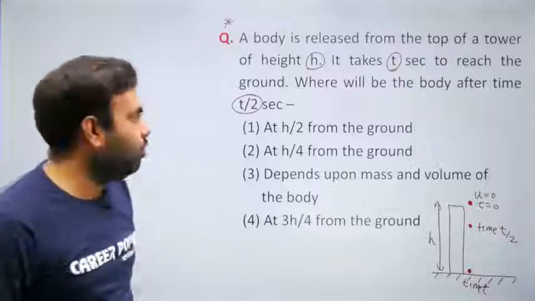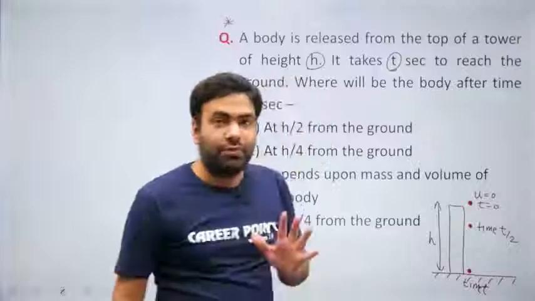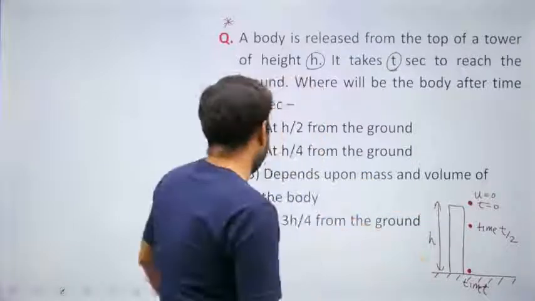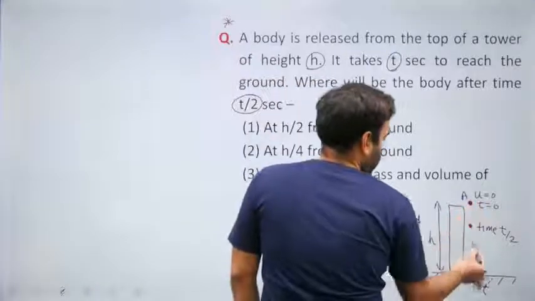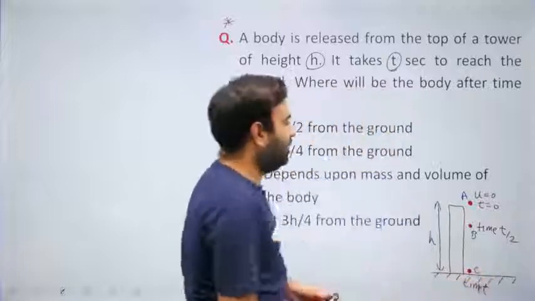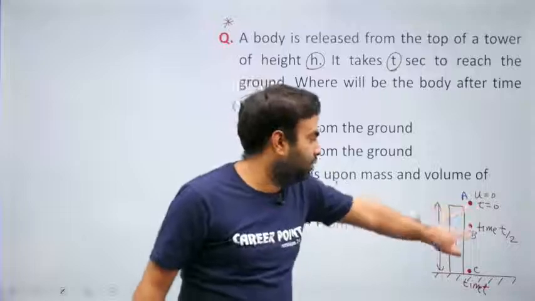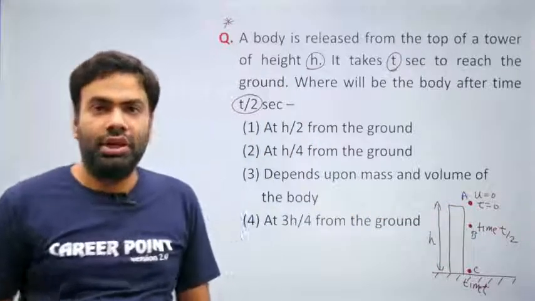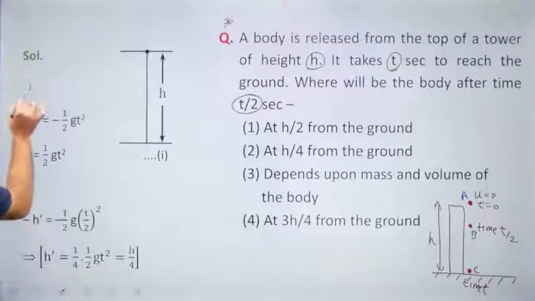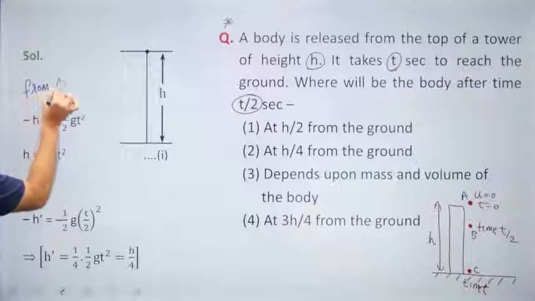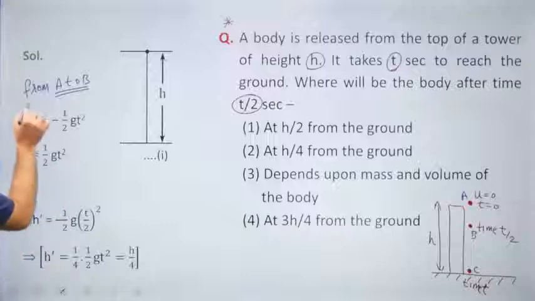So how we can solve this question? See, what we are going to do first, we will apply equations of motion from the initial point. Let me mark the points A, B, C. From the point A to C, then we will apply the equation from point A to point B. If I apply the equation of motion from A to B, I am applying the second equation.